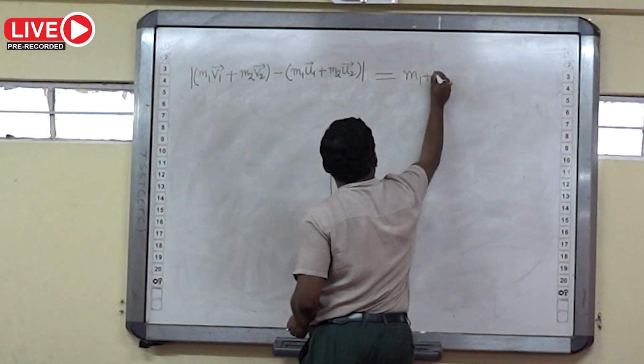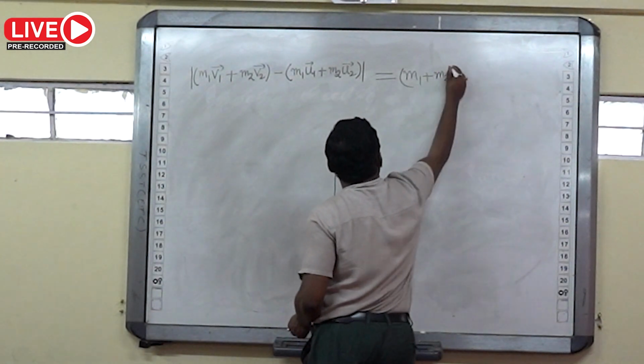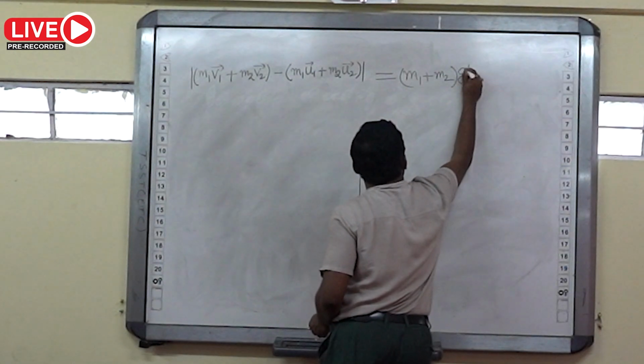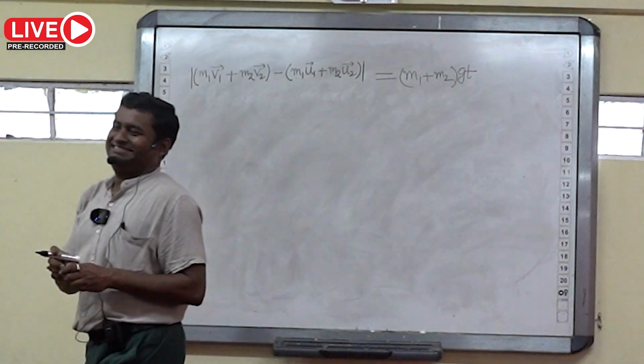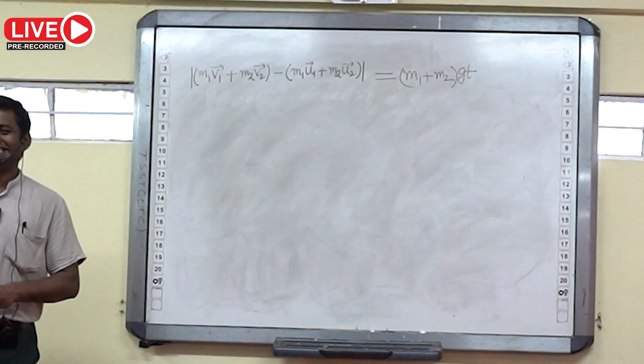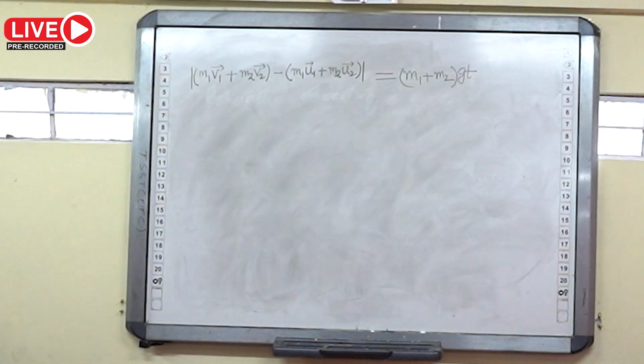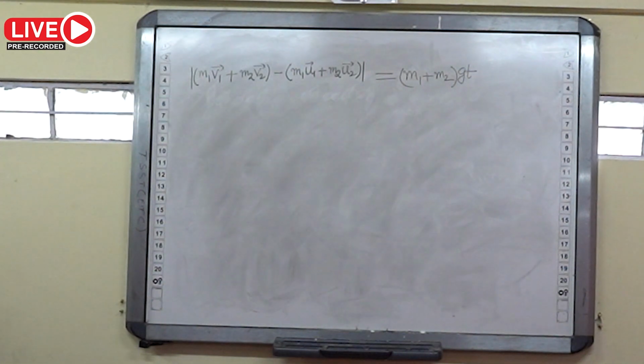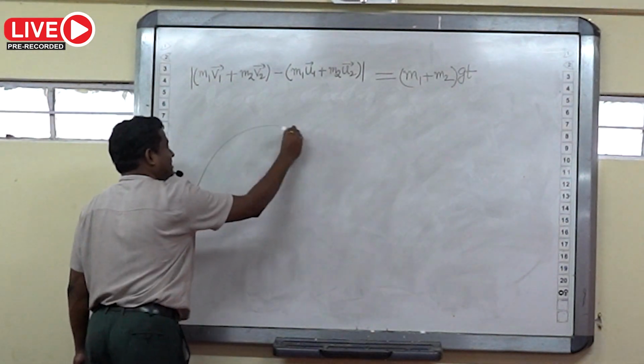(m1 + m2) g t. This is the answer. Now can you explain how? Okay, first projectile is like this.